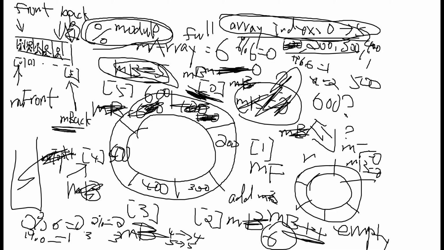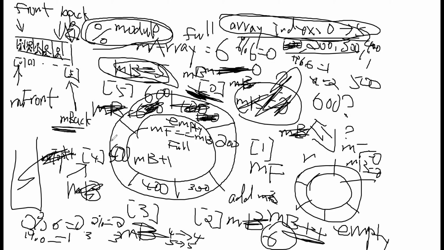So then let's see what the Queue's full and Queue's empty conditions are. The empty condition is front equal to back. And the full condition, based on what we just discussed, is what? It's the back index plus 1.